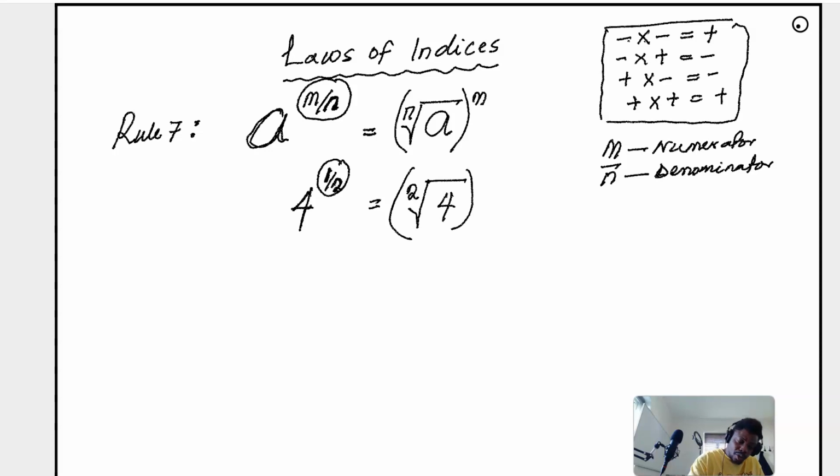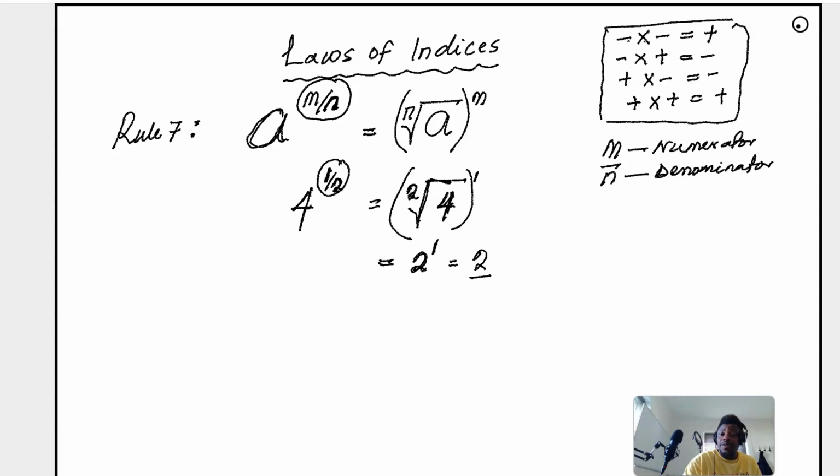And the numerator, which is 1, becomes the power there. So this simply means square root of 4. Or what number I can multiply 2 times that will give me 4. That is the meaning of square root. So square root of 4 is 2. And 2 raised power 1, meaning 2 multiplied by itself 1 time. So 2. Easy.